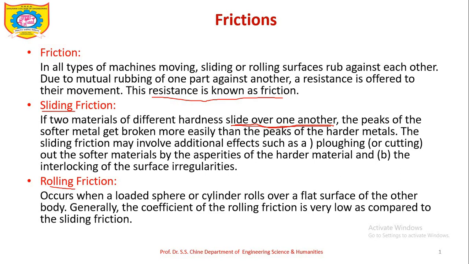Sliding friction may cause effects such as cutting of the softer material by the asperities of the harder material, and the interlocking of the surface irregularities. These are the effects of sliding friction, and to avoid this we need to use lubricants. Then the second type of friction is rolling friction.